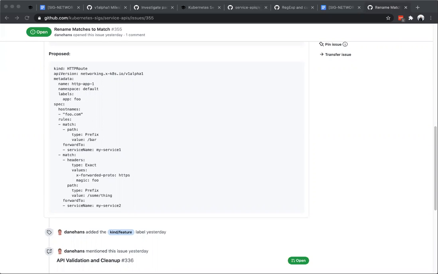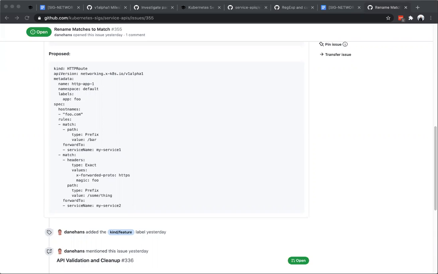I could argue either way. The way I'm thinking is that forward to is singular, but it's singular because it represents, I mean, it's a verb and match is also a verb, but it represents where to forward traffic to, one service, 10 services. So that's why it's singular.